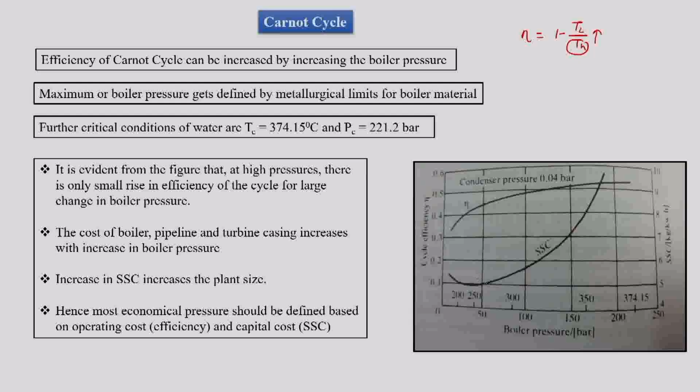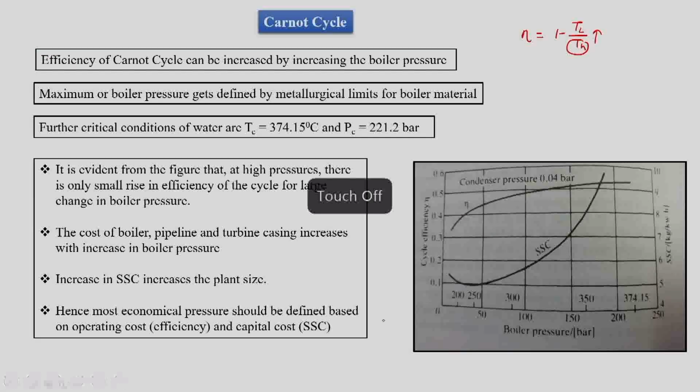But there is a thing we can see, that there is a large increase in specific steam consumption in case of the Carnot cycle for the given example of 0.04 bar of condenser pressure. And this increase in specific steam consumption is basically due to the fact that we are having a decrease in W net.